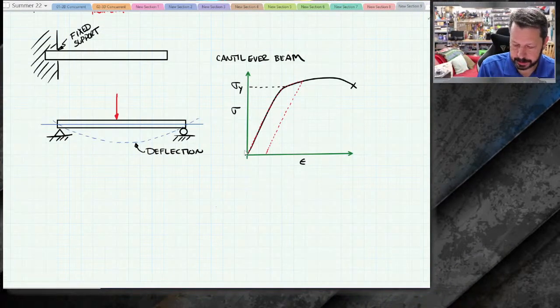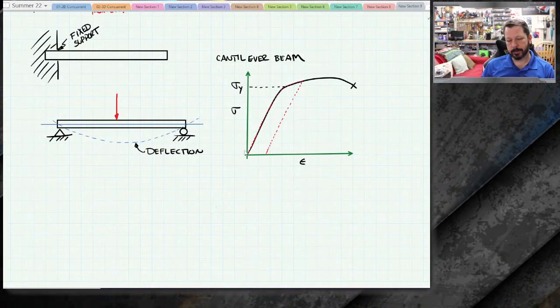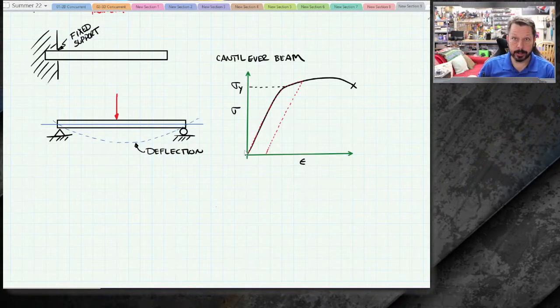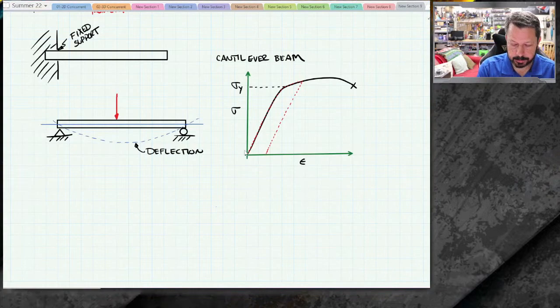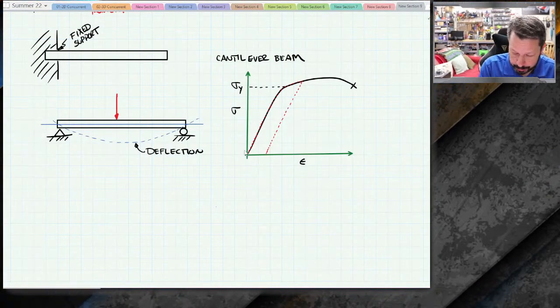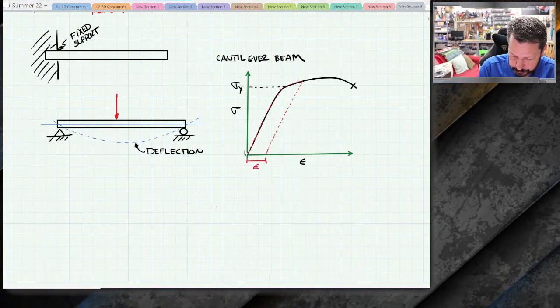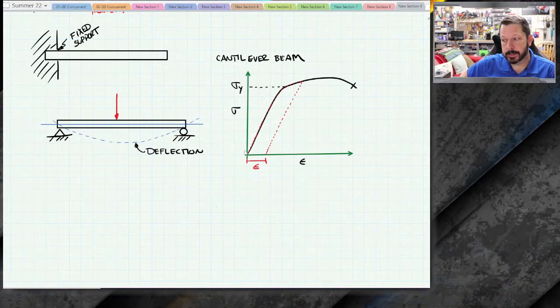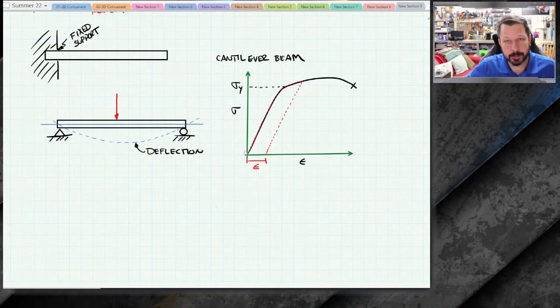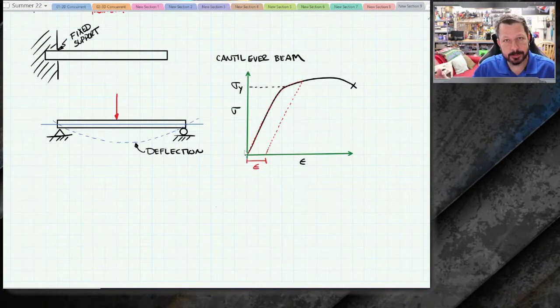This little path that I traveled backwards, unloading, is parallel to this linear region when I loaded it. But now I've got some amount of strain built into the part, and so it's permanently changed its shape.